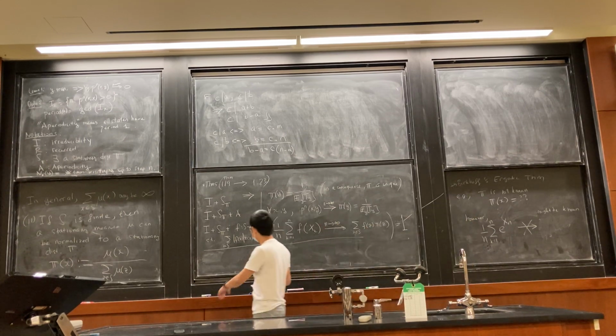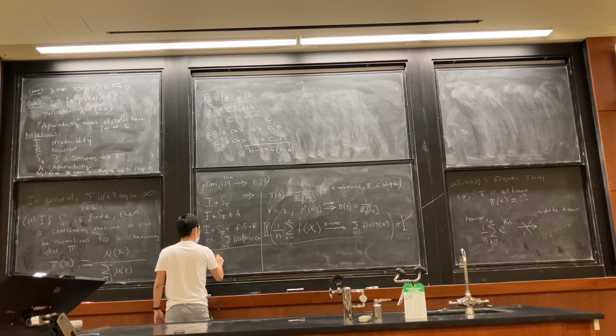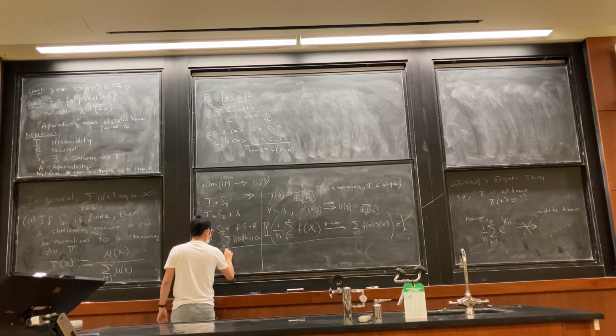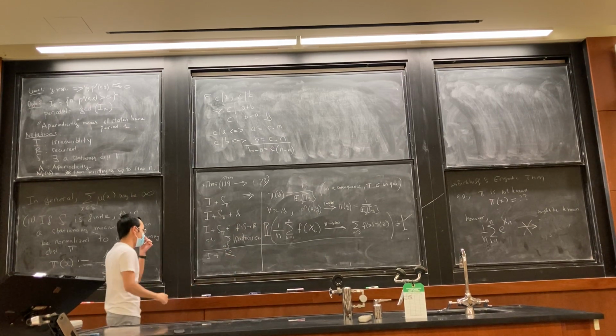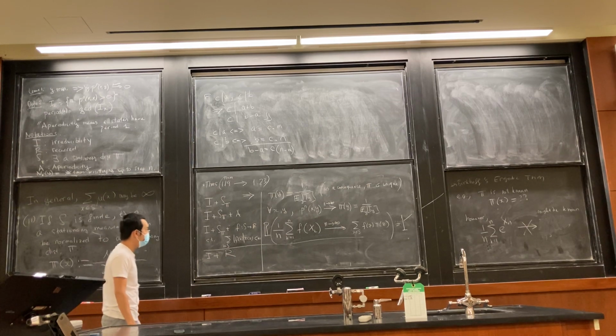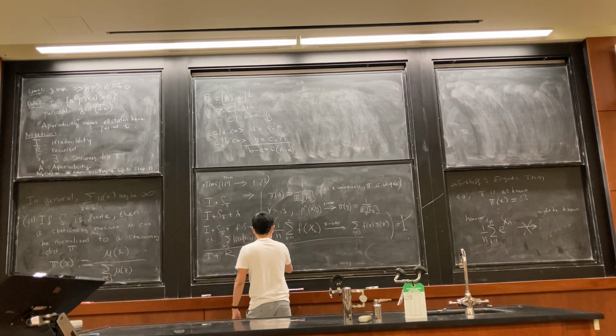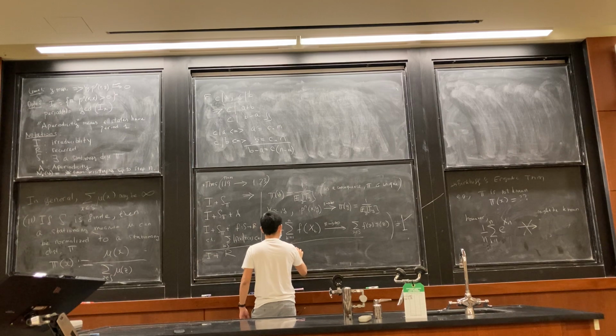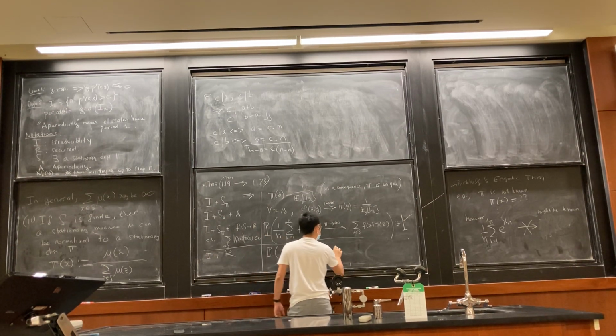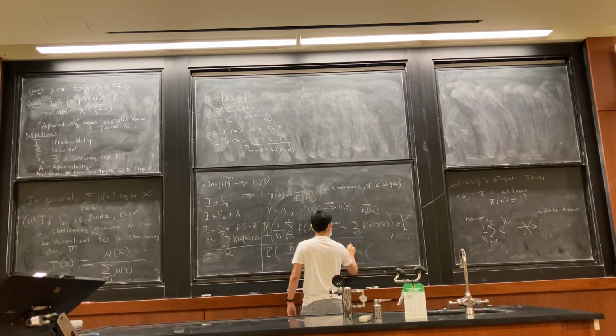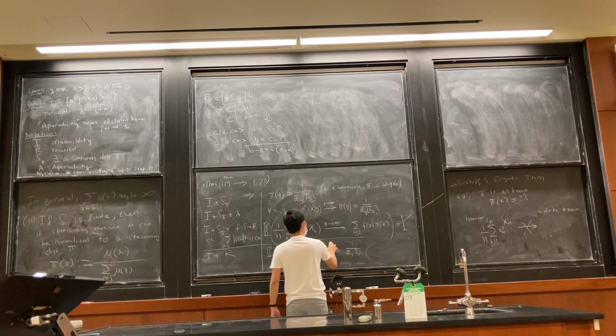Let me move on to the irreducible recurrent case. Suppose I only know this in general. Then with probability 1, y over n will converge to 1 over the expected value of y as n goes to infinity.